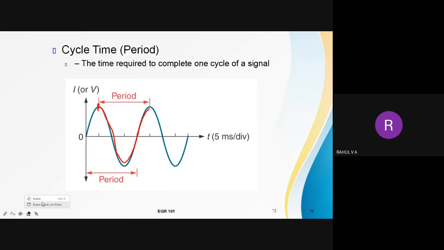Or I can take this as the starting of a cycle, it completes the negative half cycle, then later completes the positive half cycle and reaches zero. This is also another period. It has to complete one cycle; that is the meaning. It does not mean a full positive half cycle or full negative half cycle, nothing like that. It should stop where it started.